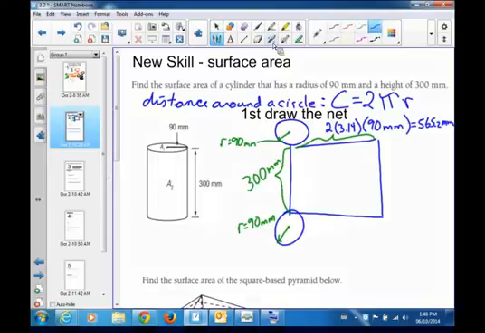I'm going to put that inside the rectangle. The area is equal to length times width. So 300 times 565.2 millimeters. You multiply that out, and you get this area. Then you've got the area of the circle twice.